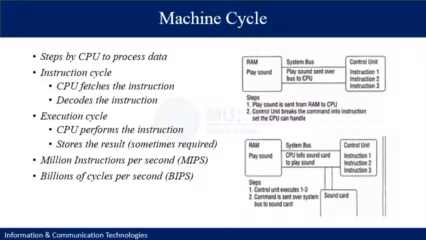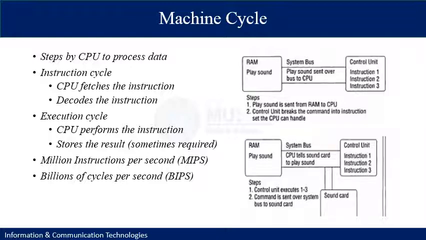So if you revisit the machine cycle, you can recall that machine instruction cycles involve a few steps which consist of fetching the instruction from the memory, then execution of those instructions in the CPU, and then storing the results back to the memory.